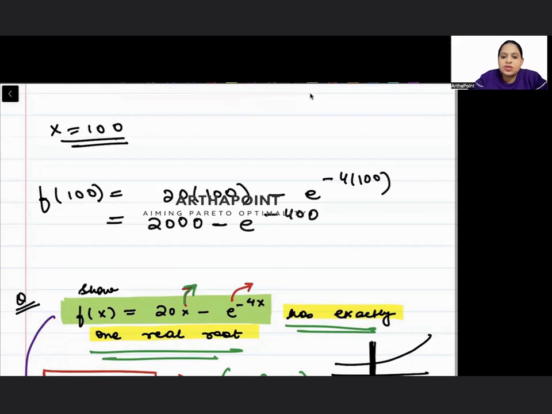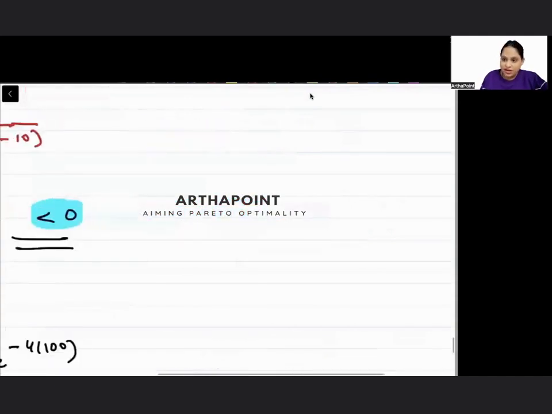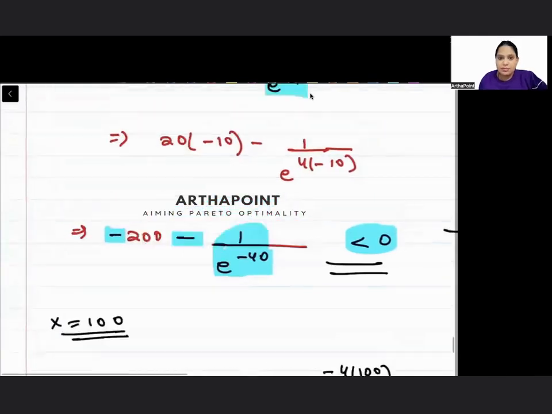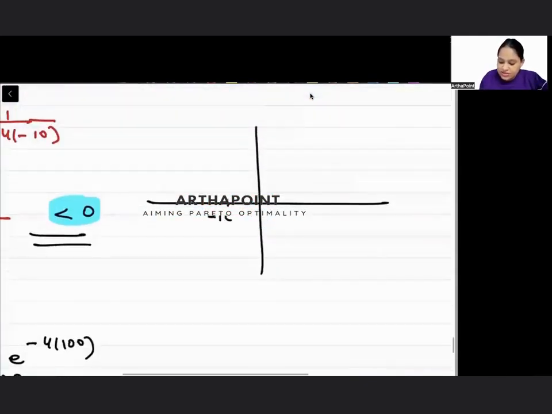Let me just open the calculator and give you some numbers, beta. It will give you a number very close to 2000 only. मतलब it will give you a positive answer. ठीक है, and this will give you a negative answer. तो माने जब x नेगेटिव x को हमने लिया -10, तो हमारा जो y का वैल्यू आ रहा है, when I take x as -10, y is coming something negative.